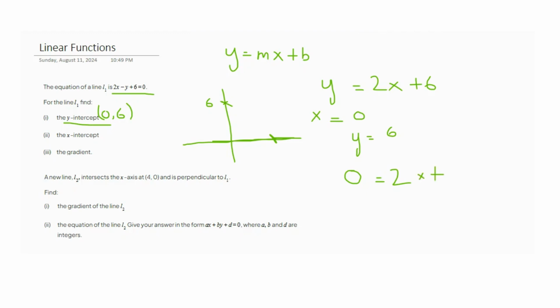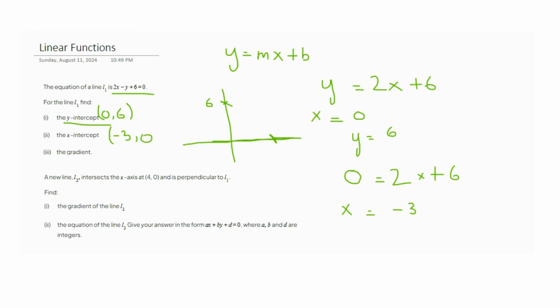Now we need to solve the equation for x. The x value is going to be negative 6 out of 2, so it would become minus 3. This means that the x-intercept is going to be minus 3, 0.